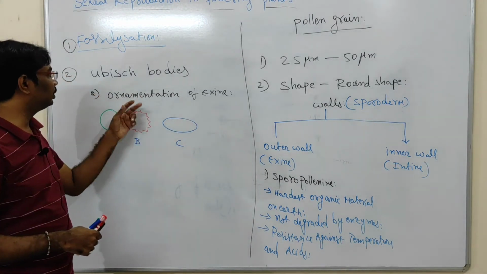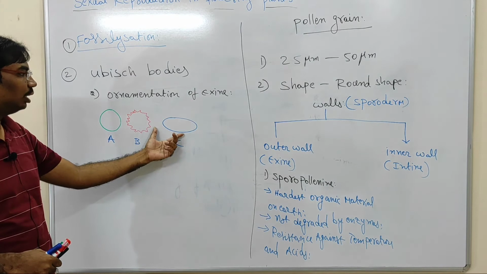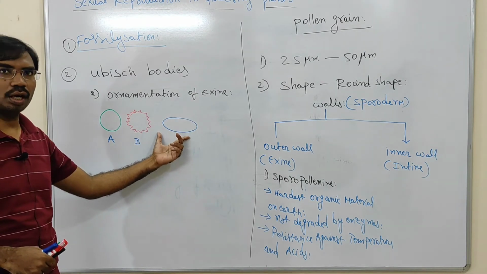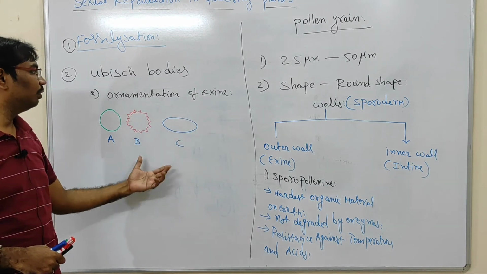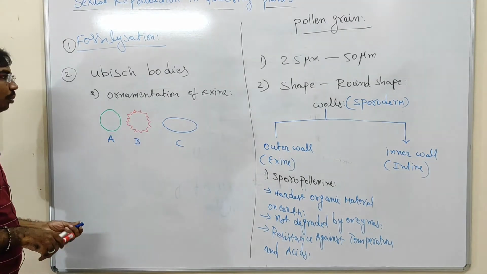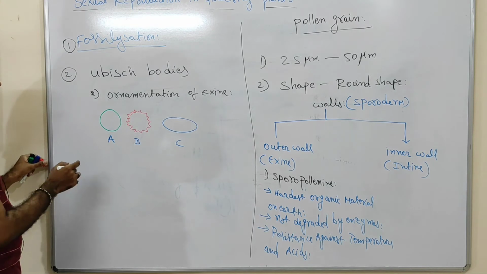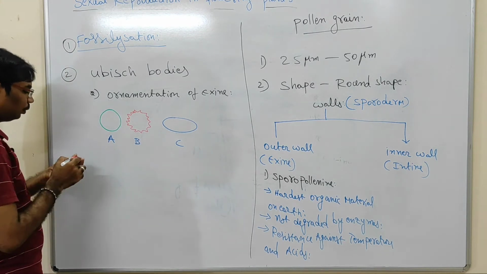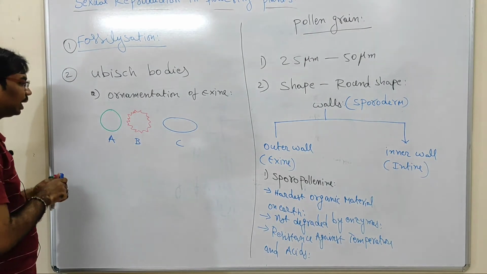So with the help of this ornamentation of the exine, or sporopollenin, on the outer surface of the pollen grain, we can classify the plants. That is called taxonomical importance. So the sporopollenin is important for classification of the plants.